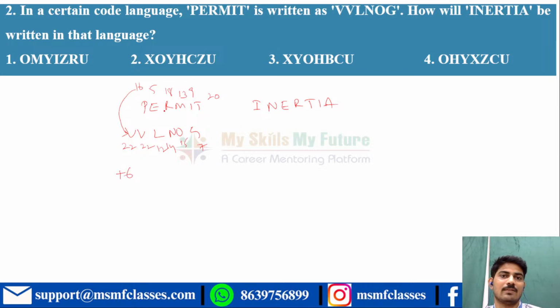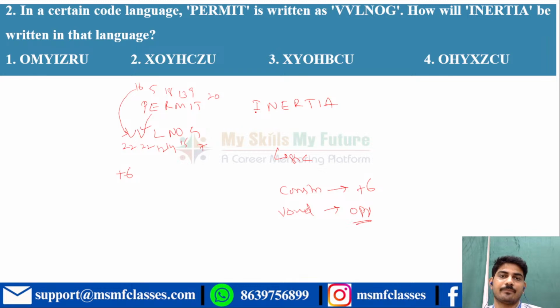But if I check the next one here, that is vowels here. So what will be the logic here, means for consonants I am adding plus 6 here, and for vowels I am taking the opposite letter here. So if I do the same logic here, what answer do I get.